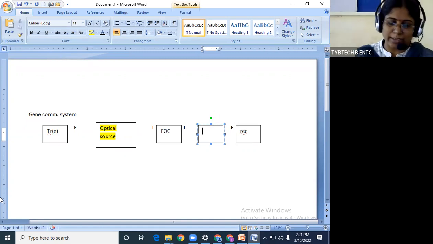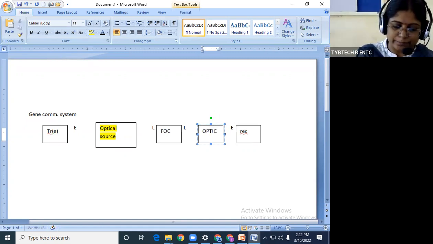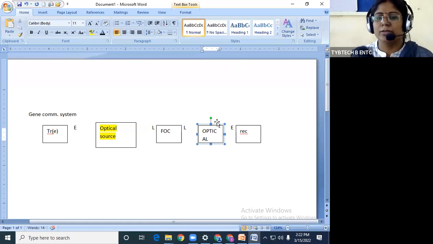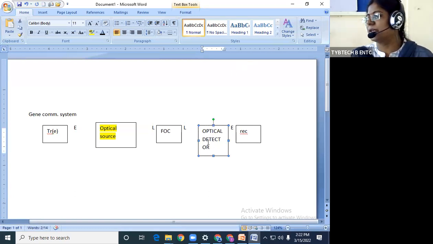Yes, that is called the optical detector. So at the transmitter compulsorily we have to use an optical source, and at the receiver we have to compulsorily use the optical detector. So these are the two mandatory additional blocks in the optical communication system.